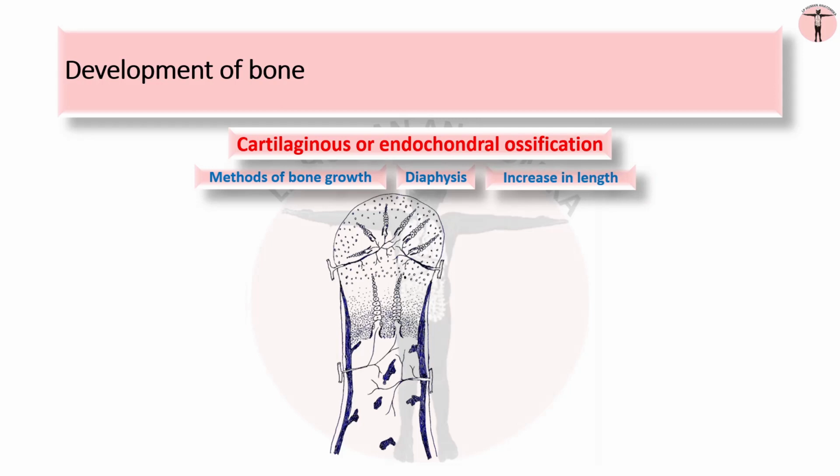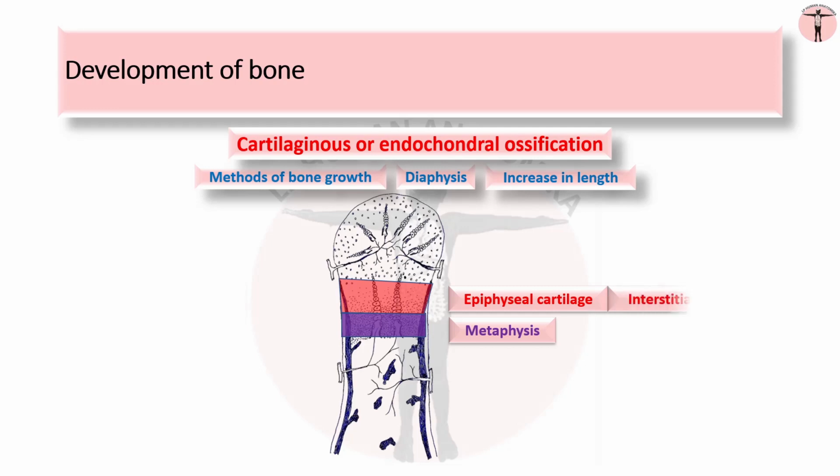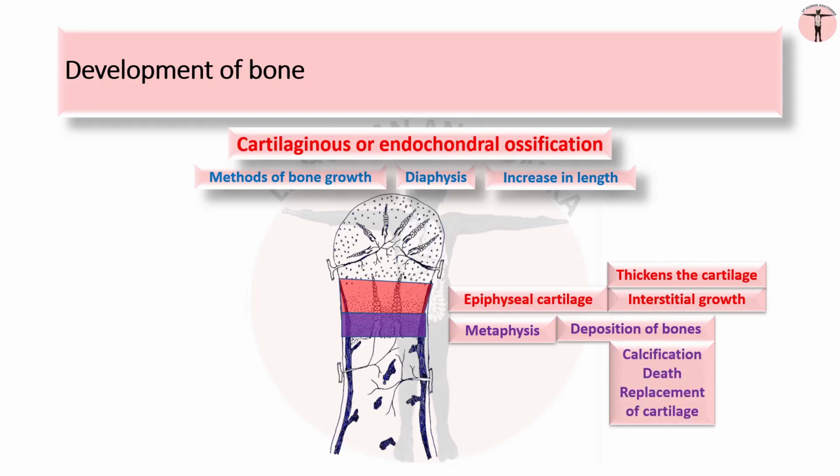Under growth of long bone, let us see how the increase in length of the diaphysis occurs. The length of bone increases by lengthening of epiphyseal cartilage and its simultaneous conversion into new bone at the metaphysis. Length of the diaphysis increases by interstitial growth of cells of the epiphyseal cartilage, which thickens the cartilage, followed by deposition of bone at the metaphyseal end of the diaphysis through calcification, death and replacement of the cartilage.